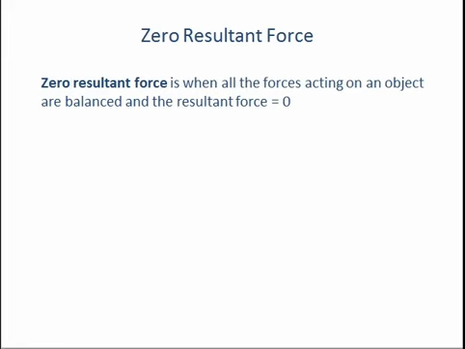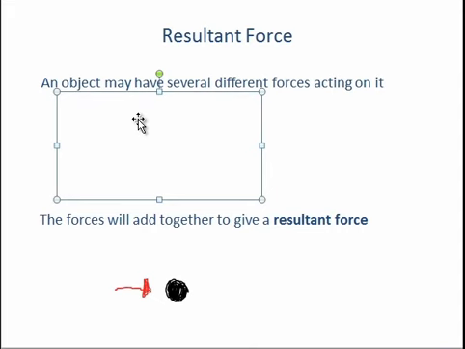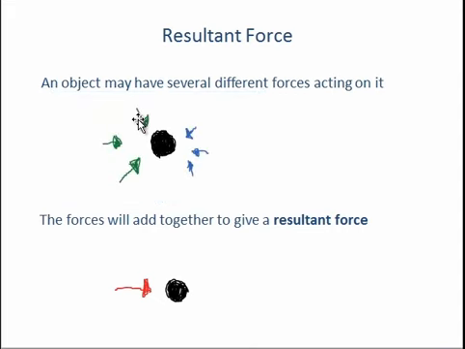So let's go back to this diagram and say all of these green and blue forces were the same value. So we would consider the green values as positive values and the blue values as negative values. So let's say that it was positive 1, 2 and 3, add negative 1, 2 and 3.